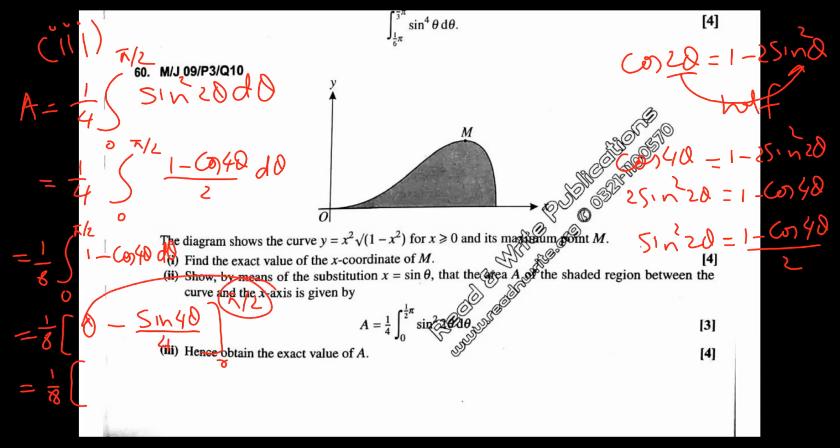Plug in pi by 2 here and there. When I plug in here, I get pi by 2. When I plug in here, pi by 2, 4 cancel, it becomes 2 pi, and sine 2 pi is 0. Now put 0 here, and that is a confirmed 0, and put 0 here, confirmed 0. So the answer turns out to be pi by 2.